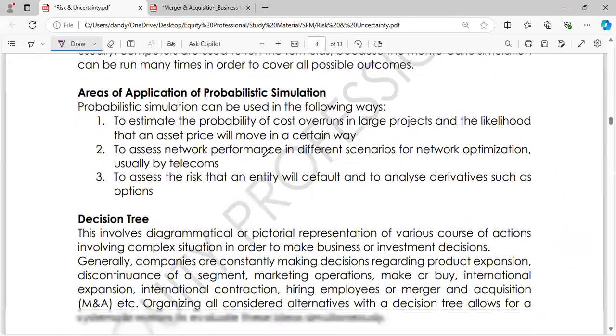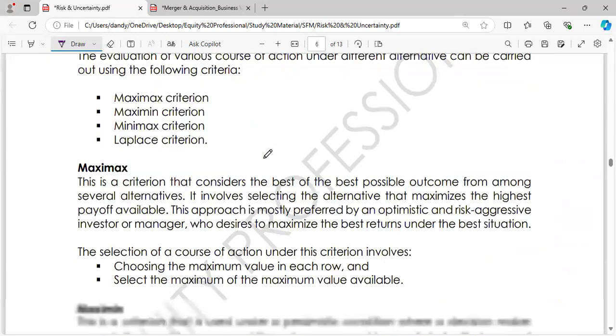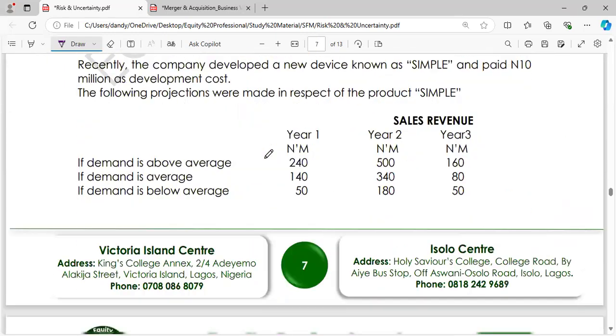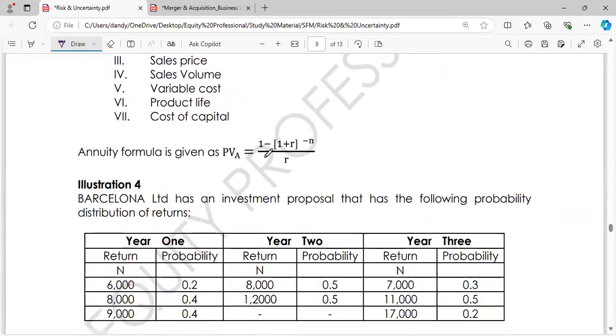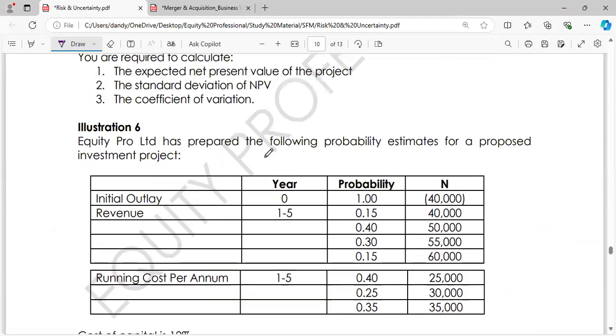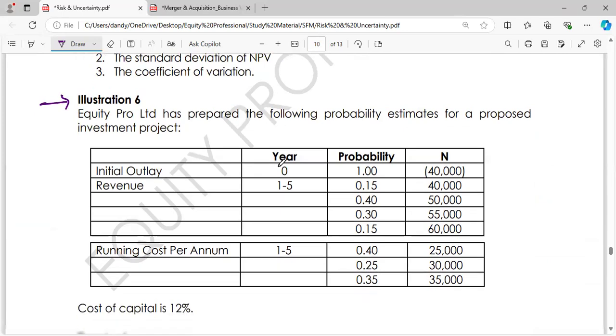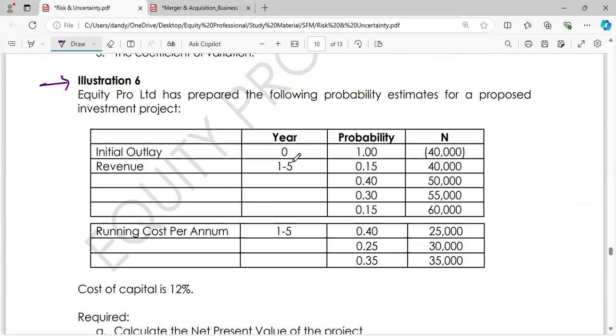Okay, let's have an illustration. Illustration number 6. Equity Pro Limited has prepared the following probability estimate for a proposed investment project.